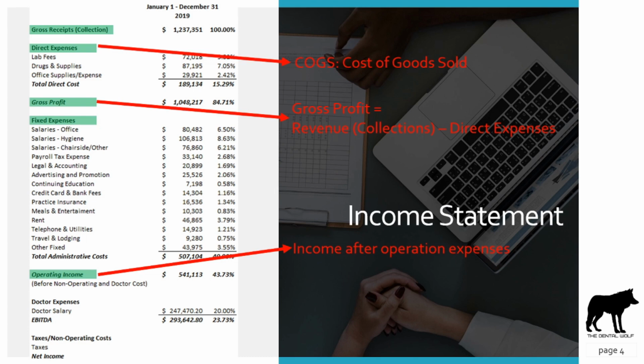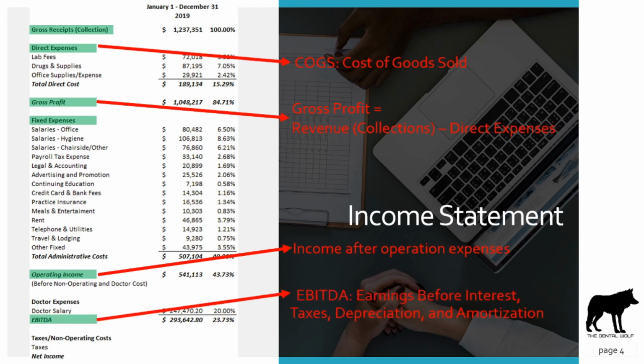Now, there's something unique about dentistry, and that's that one of the main employees of the practice usually is also the owner of the practice. So you, as a doctor owner, get paid in two different ways. You get paid as a doctor, and you also get paid as an owner. So with this next piece, you're going to subtract out what you would have paid yourself as a doctor, and that's going to leave you with what we call EBITDA.